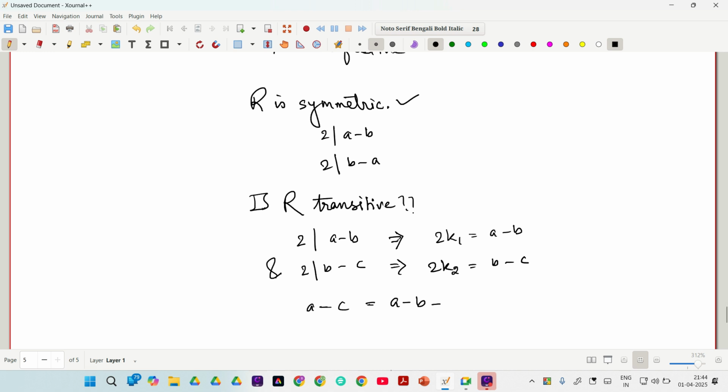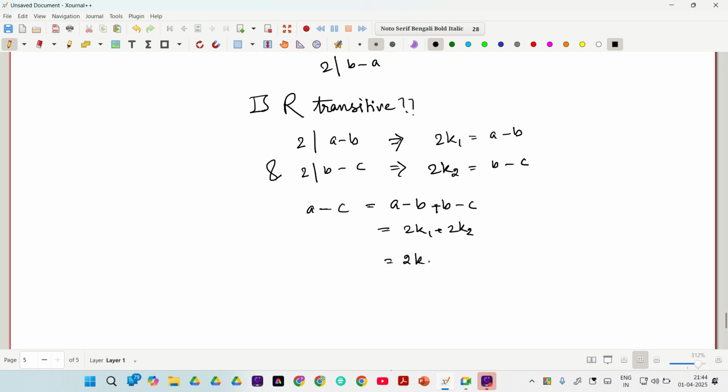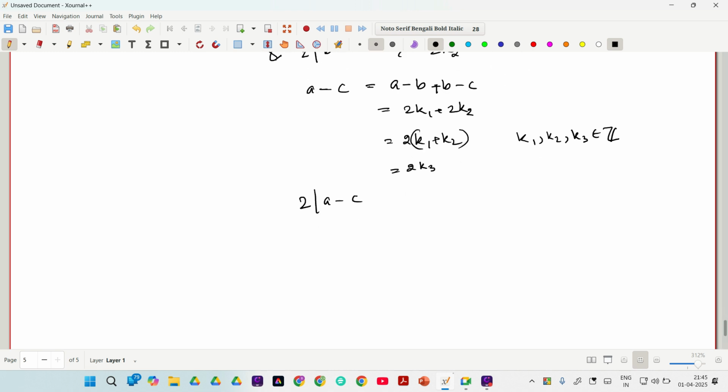This is a minus b plus b minus c. So a minus b is 2k1 and b minus c is 2k2. Combining these two, 2(k1 plus k2) is 2k3, and all k1, k2, k3 belong to Z. Remember that Z means the set of all integers. So 2 divides a minus c, and hence R is transitive.